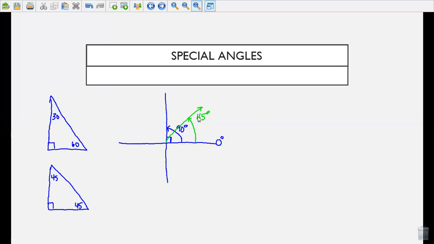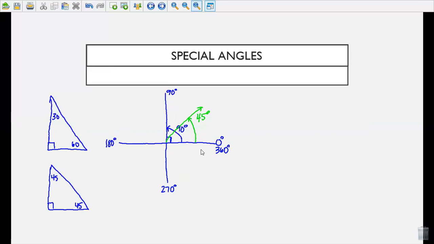Going all the way up to the top, I'm at 90, another 90 puts me at 180, another at 270, and another at 360. Going all the way around the circle is 360 degrees.